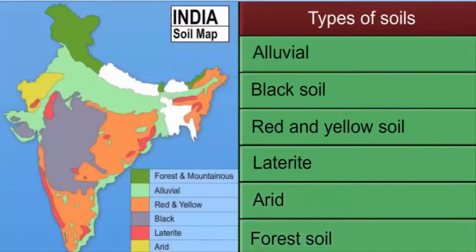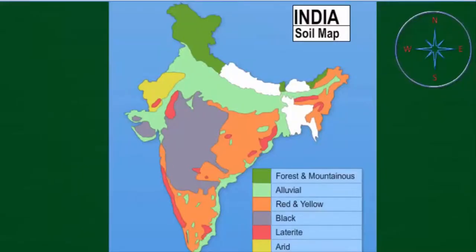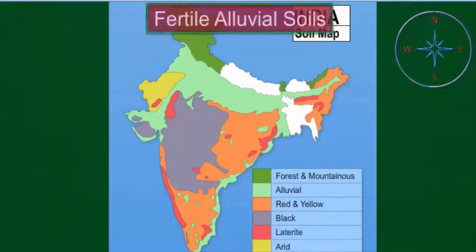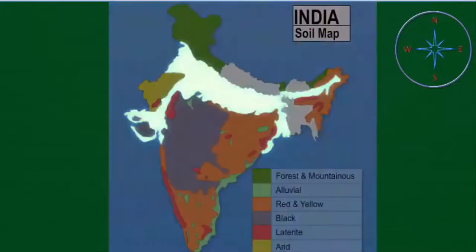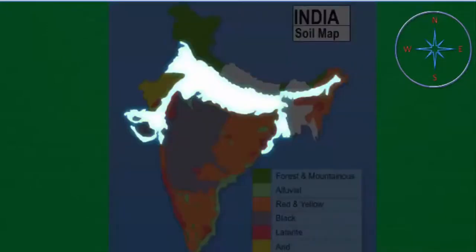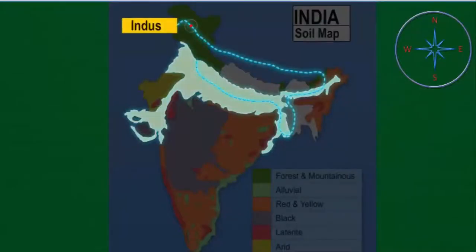Let us learn more about each of these types of soils. The northern plains of India are made of fertile alluvial soils which extend to Gujarat and Rajasthan through a narrow corridor formed by the Indus, the Ganga and the Brahmaputra river systems.